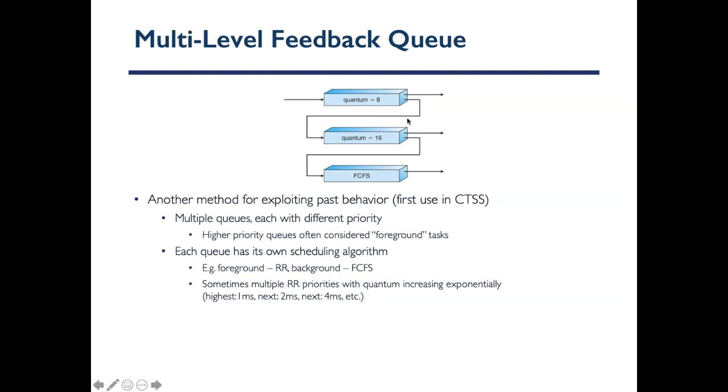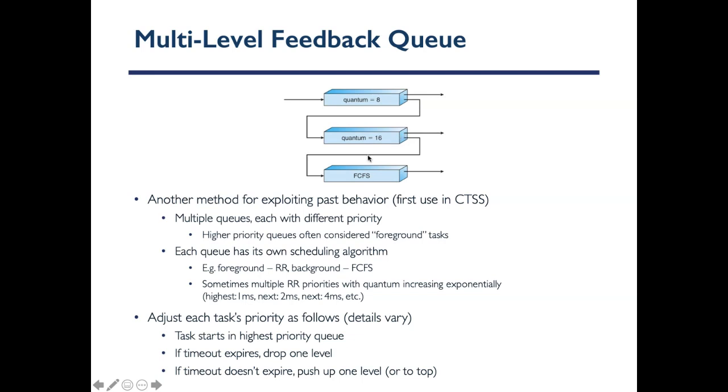Tasks get into the highest priority queue, and as they run, they get their chance to run on the first priority queue, then they go to the second priority queue, and so on. You have multiple queues, each with different priorities, and the effective priority is shown by the time quantum, which encapsulates that priority. We serve from top to down.